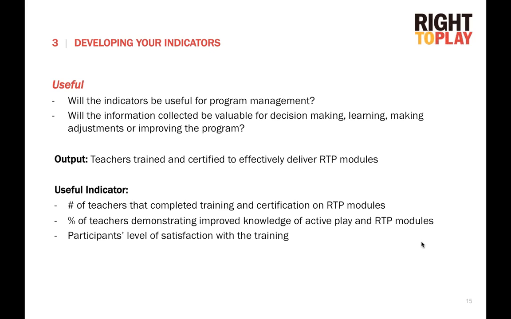If we think that only 50 of those teachers that went through the training would be certified, then we could say 65 teachers have been trained and 50 of those teachers have been certified to effectively deliver right to play modules. So in that sense, the output could be used as kind of an indicator, because you're putting a specific number or percentage.